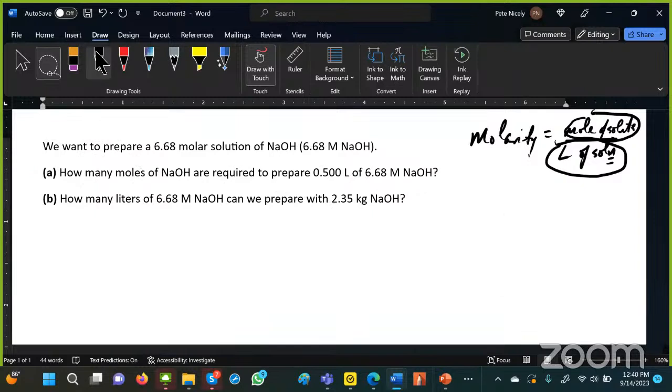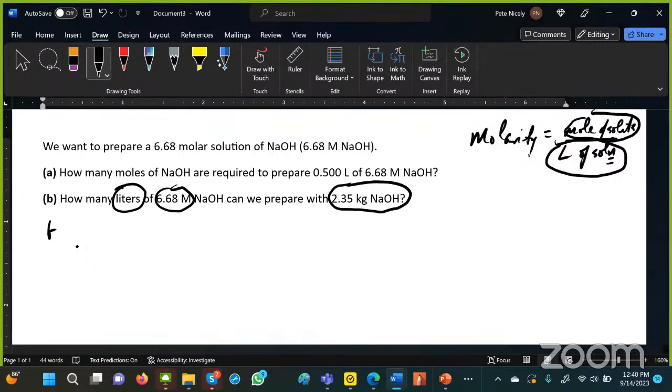Okay, so what would you do in this case, in the case of B? They asked for the liters, they gave you the molarity, and they gave you the mass of sodium hydroxide in kilograms. So how would you rearrange this equation here to get liters of solution? Liters of solution is equal to what?